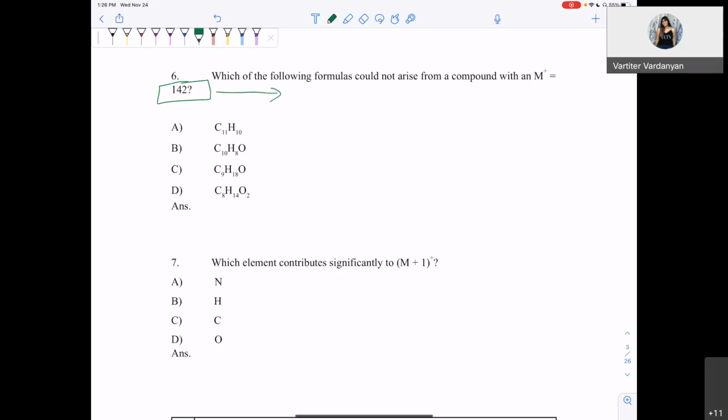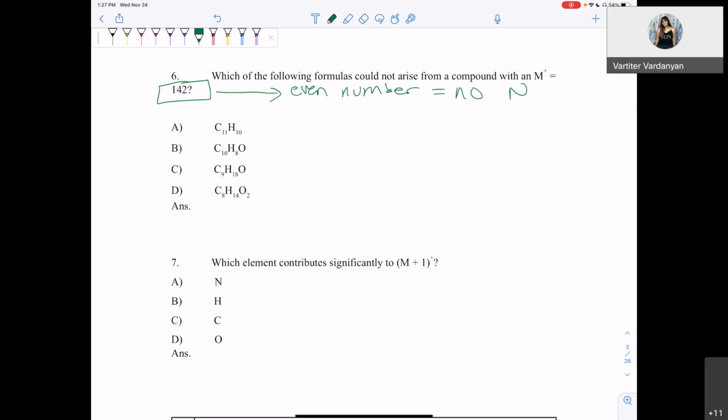But in this case, since it's an even number, it doesn't have nitrogens. Nitrogens are when we have an odd number. So even number equals no nitrogens. So every time they give you an M plus, I want you to make sure if it's even, there's no nitrogens. If it's odd, there's an odd number of nitrogens.